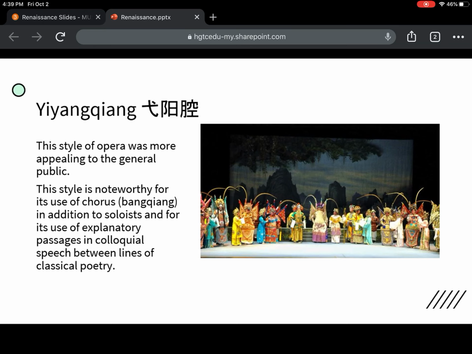This was the style of musical theater for everybody, and it was more appealing, and I think one of the reasons is because it used a chorus, and so there were lots of people on stage singing, making very loud, joyful noise, in addition to the soloist. And there are also these explanatory passages in colloquial speech in between the lines of classical poetry.